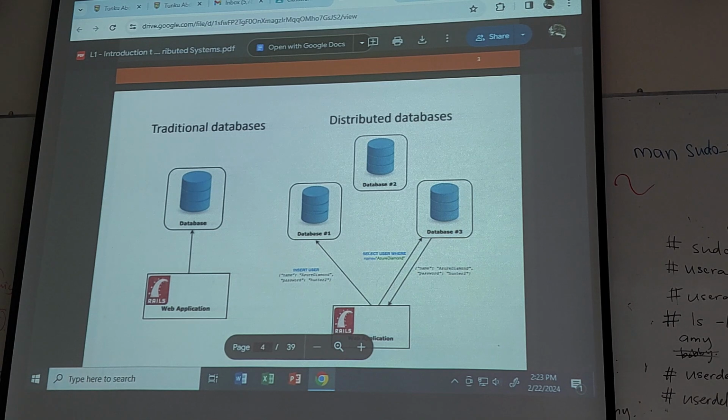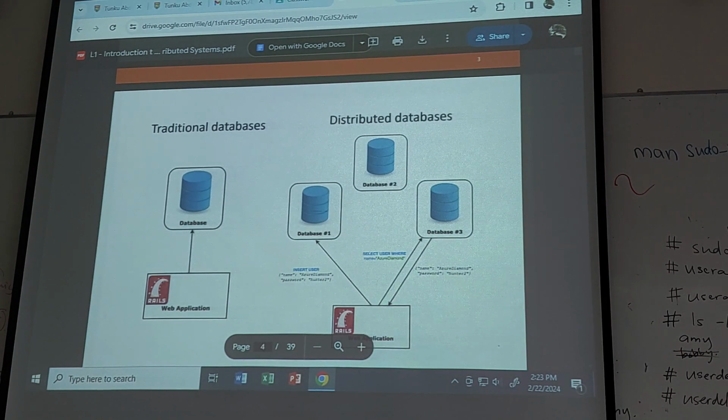And not only that, you can perform this task in parallel. You can request database 3 to do the job and database 1 to do the job at the same time. So in distributed system, you can actually parallelize your work.